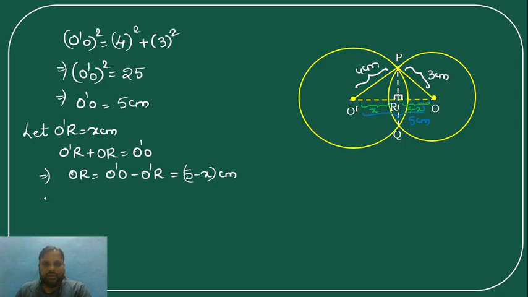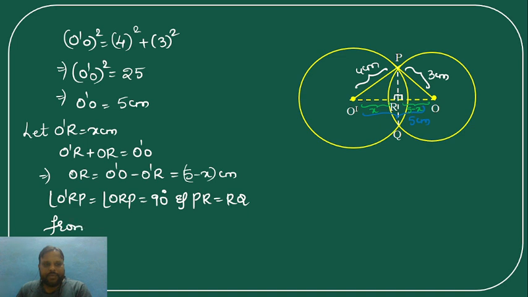So now angle O'RP or angle ORP will be 90 degrees. So angle O'RP and angle ORP also will be 90 degrees, and PR is equal to RQ. Now I will consider triangle O'RP.